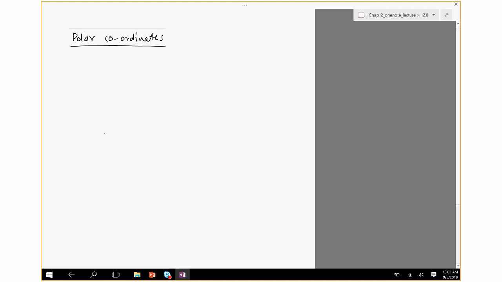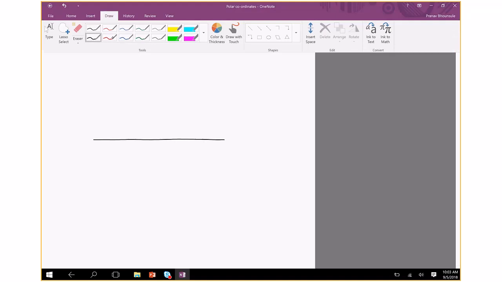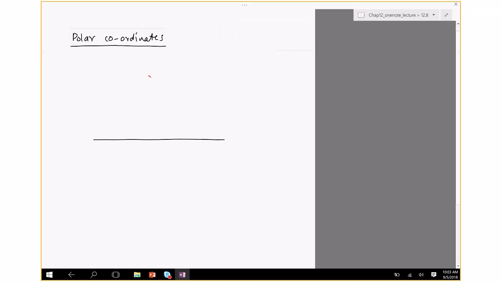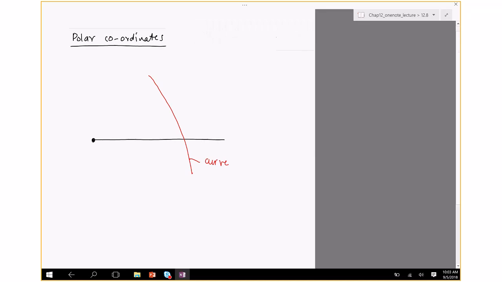Well, whenever you have motion described by r, the radius, and theta, I'll show what that means. So this is the curve along which let's say the particle moves, and we decide an origin O.